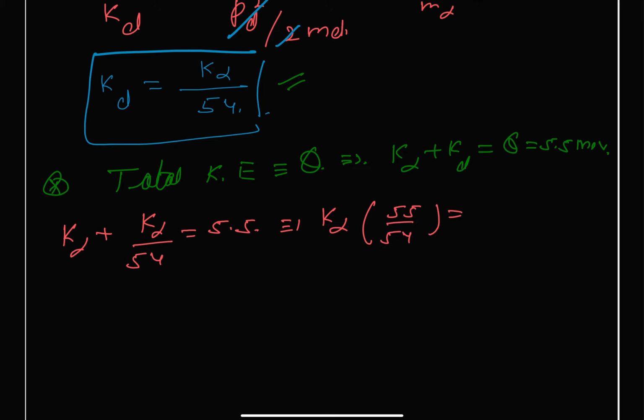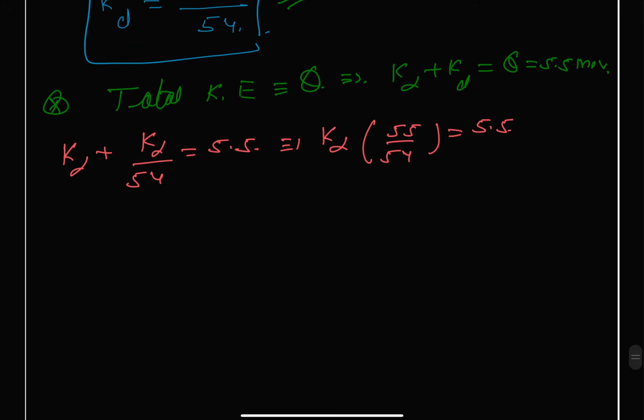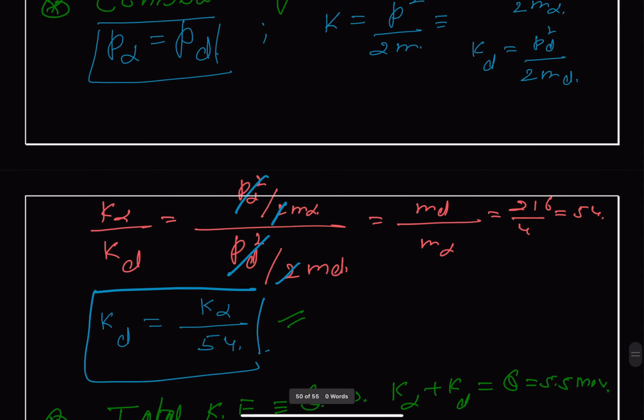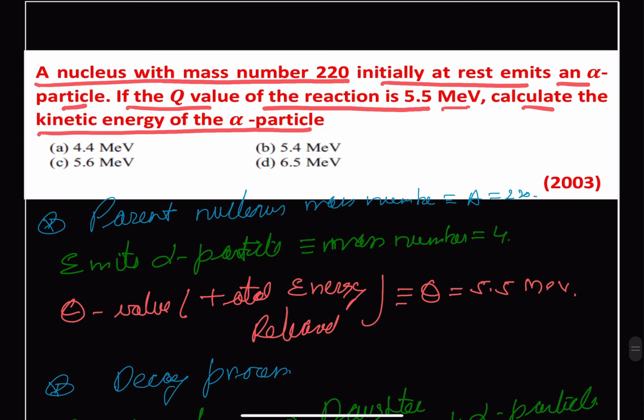So K alpha is equal to 5.5 into 54 divided by 55, which is approximately 5.4 mega electron volt. Option B is correct.